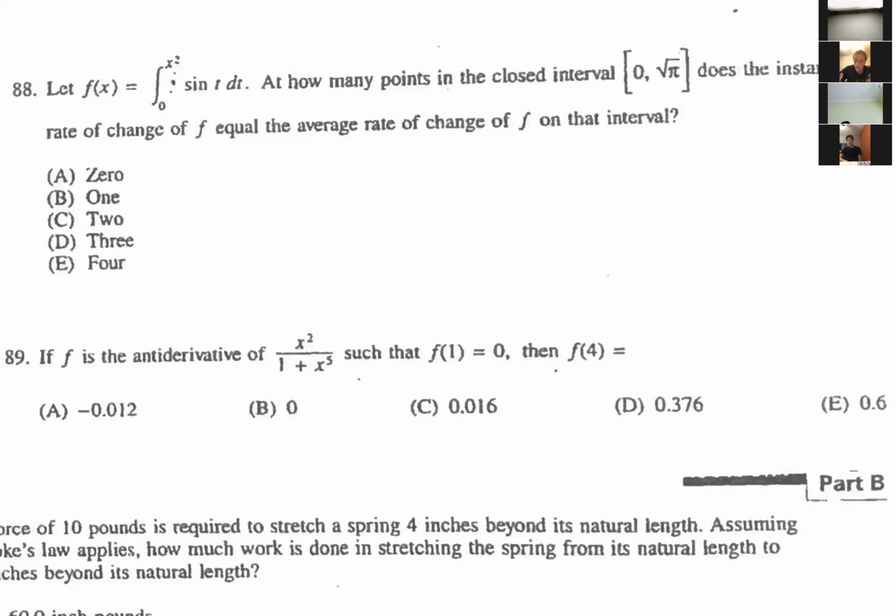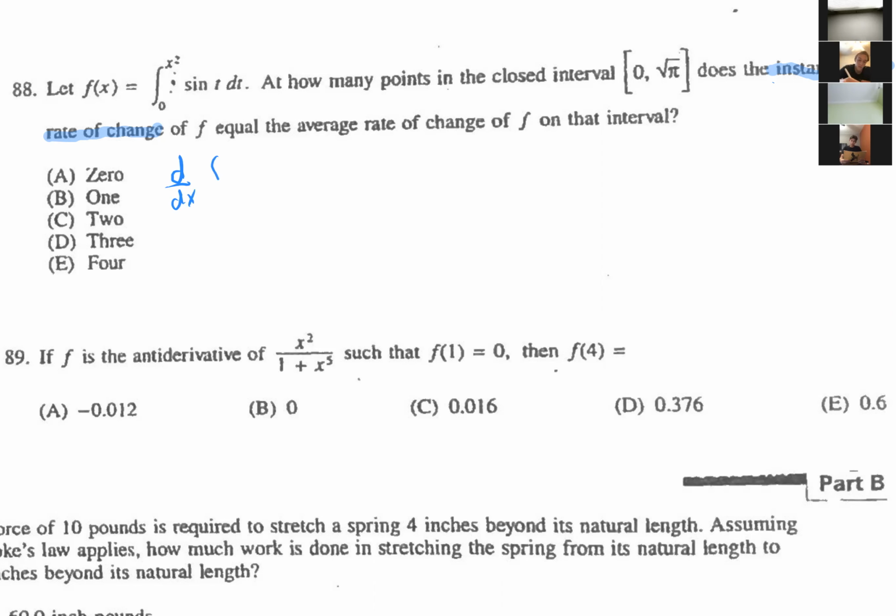So when you see instantaneous rate of change, I need someone to speak up again with your mic on. What do you do when you see instantaneous rate of change? You can just give me one word. Derivative. So instantaneous rate of change means that I am taking the derivative. So right here, I am going to take the derivative of my function.